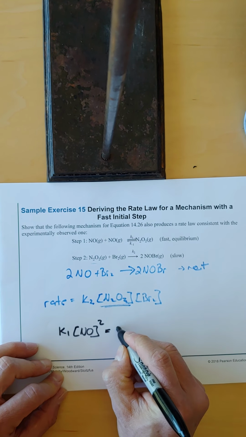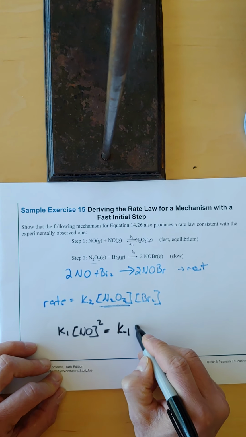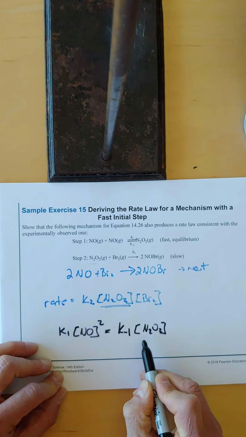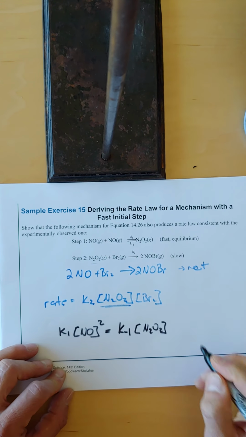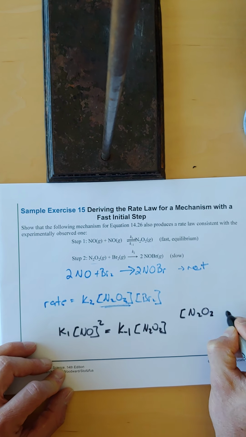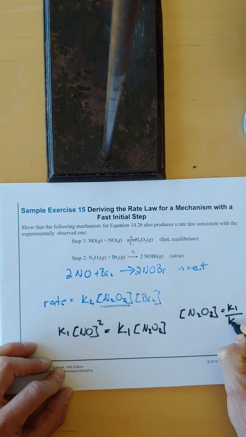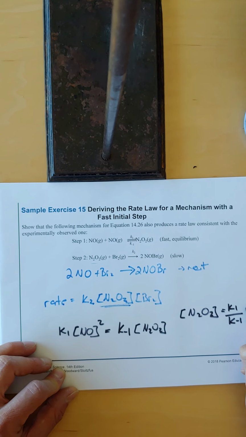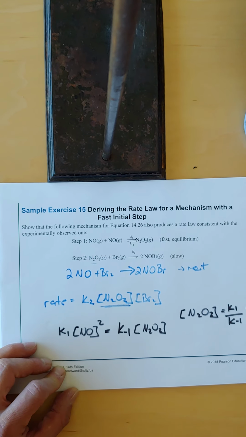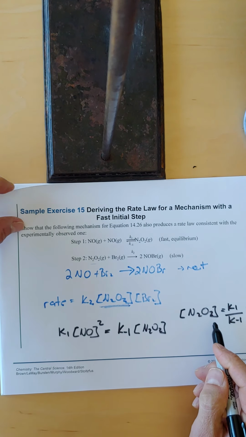That equals the backward reaction, which is k minus 1, times the concentration of N2O2. There's my intermediate. So solving for the concentration of N2O2, that equals k1 divided by k minus 1 times the concentration of NO squared.